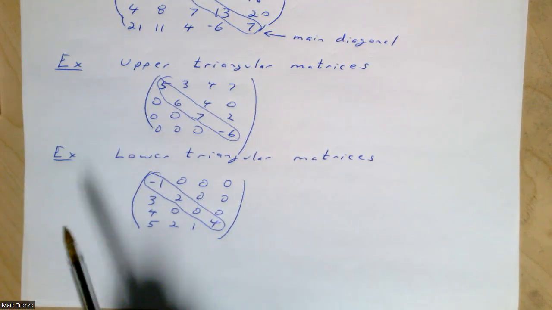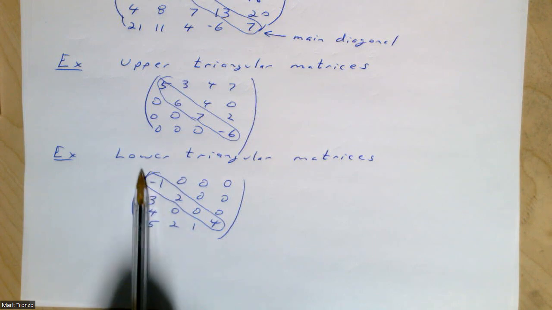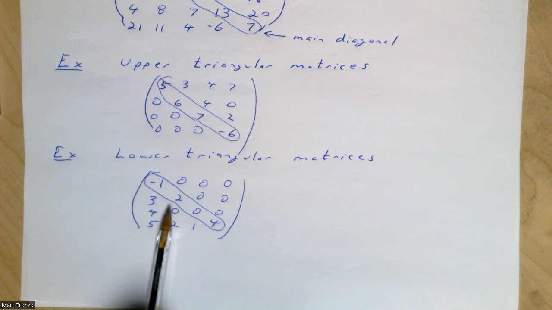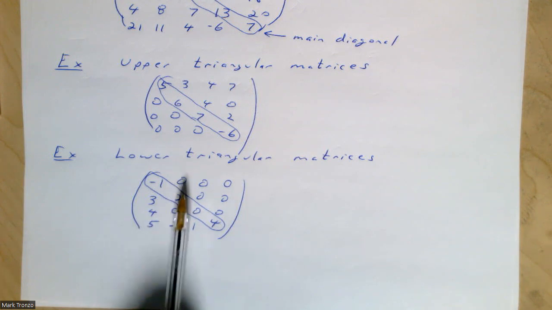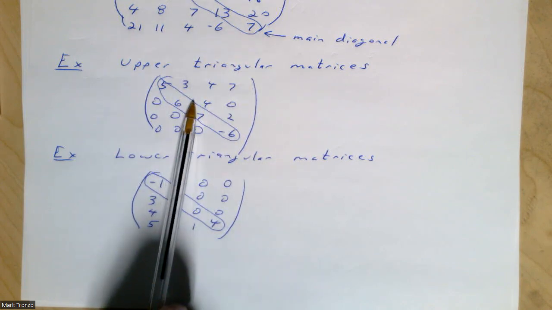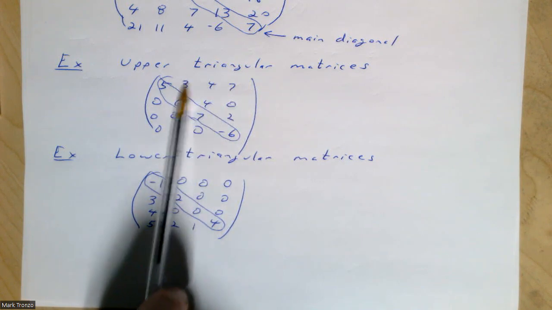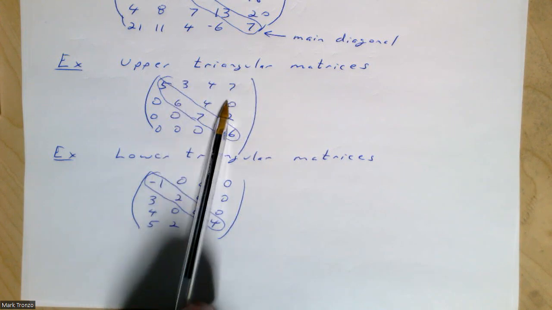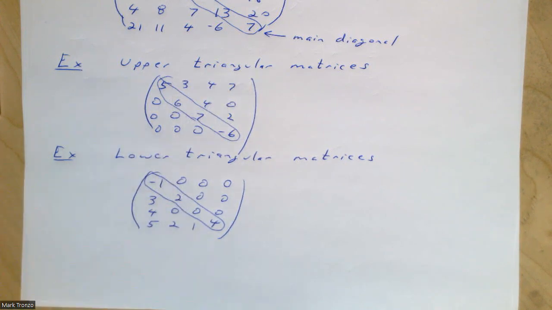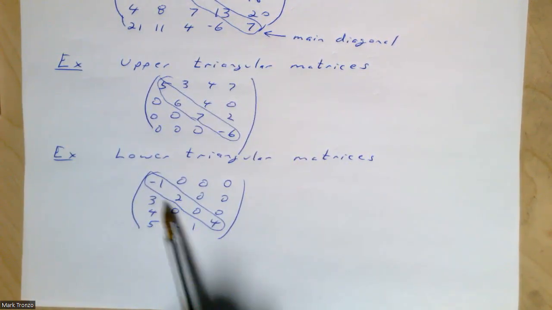If it's lower triangular, once again, what all that means is you could possibly have non-zeros in this lower corner, but you have all zeros in the upper corner. Just like up here, for upper triangular, you could possibly have non-zero values in the upper corner, but you have to have all zeros below. Once again, for the lower triangle, some of these could be zeros as well.